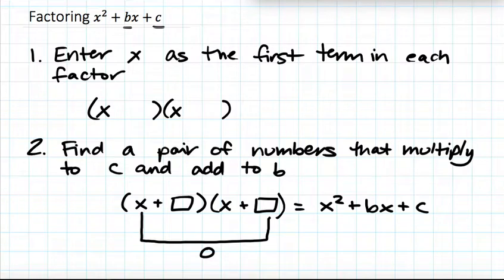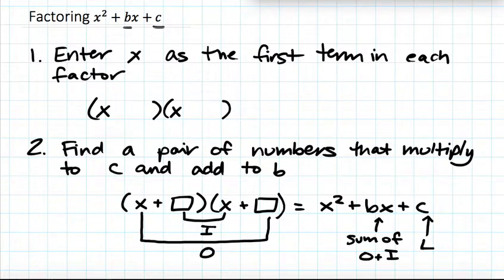So the outside is going to be something times x. The inside is going to be something times x. Add those two together and we get bx. So the bx here is the sum of O plus I. And then the c is the last from FOIL. So that would be the box times the box. The x squared comes from the F of FOIL.